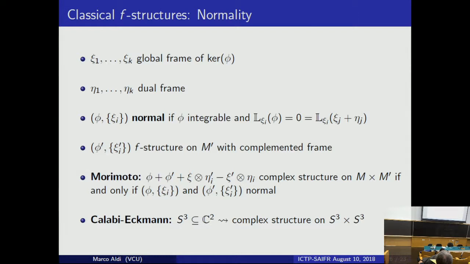Now, in this case, you call this phi prime and xi prime i an F structure on M prime with a complemented frame.